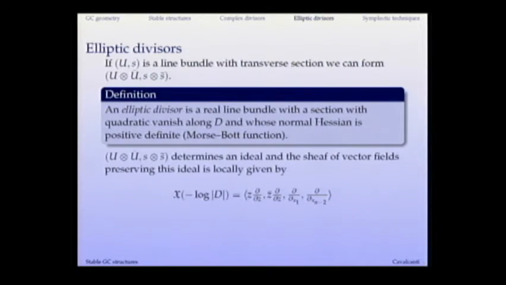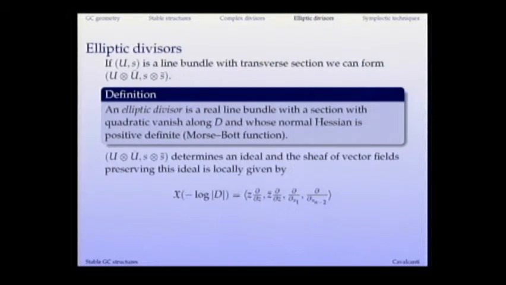So I can try to repeat the same story. This thing here will determine an ideal in the C infinity functions, namely, I just pair dual sections with this section here. I can look at the vector fields which preserve that ideal, and I get something like z dz and z bar dz bar, because these are the ones which preserve the distance squared, z times z bar.